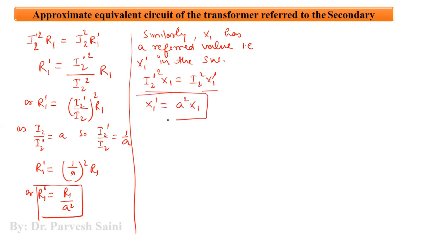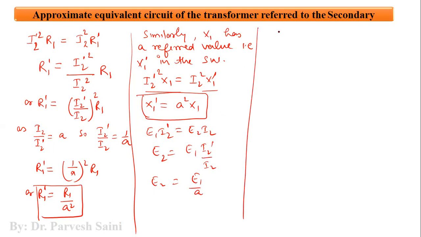Similarly, the impedance will also have the same effect. Now we know that E1 into I2 dash is equal to E2 into I2. So E2 is equal to E1 into I2 dash by I2, so E2 is equal to E1 by A.